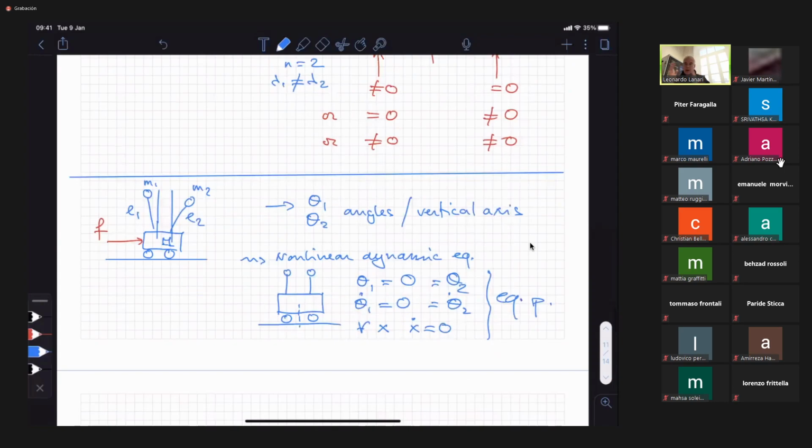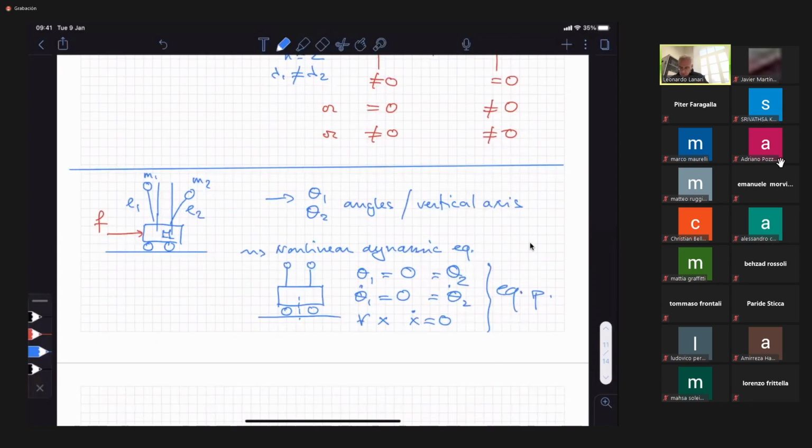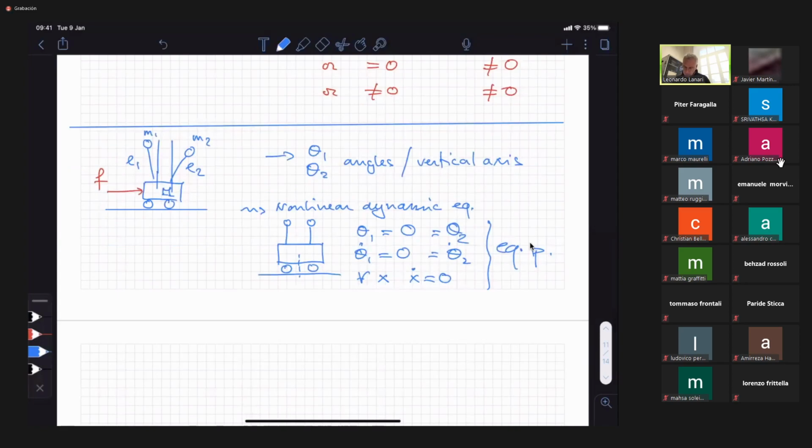So we can linearize this strange system around, let's say, the vertical position for the pendulums.